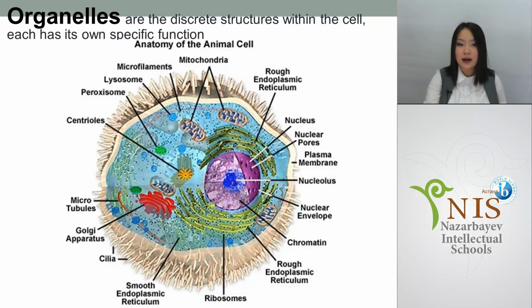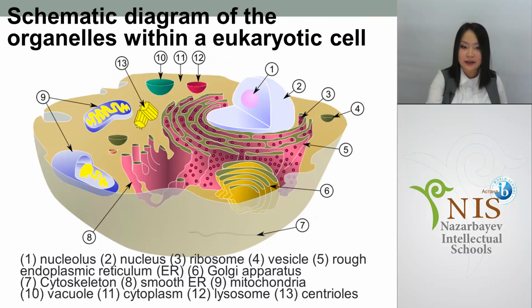This is a schematic diagram of a eukaryotic cell, again an animal cell. We'll look at each of these organelles.